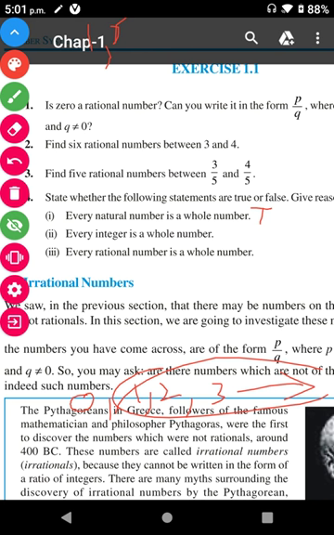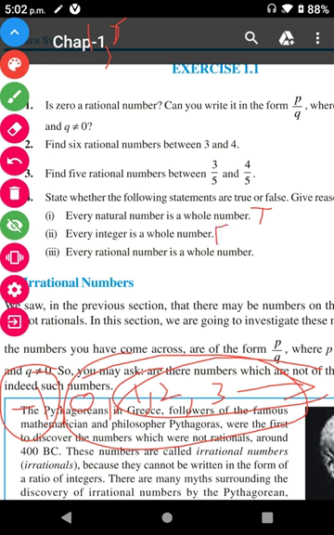Every integer is a whole number. It's wrong, because our number line is like this: -1, 0, 1, 2, 3, 4, and so on. All the integers are whole numbers? That's not possible because we have -1, which is not a whole number.